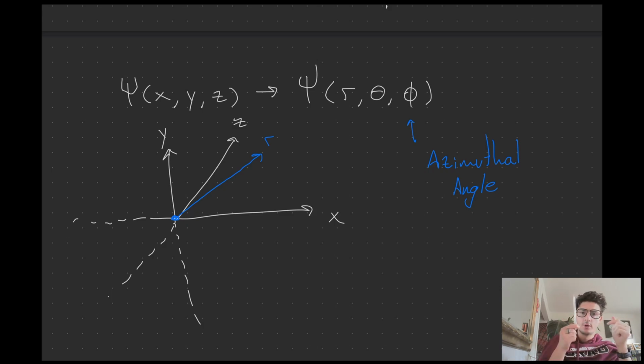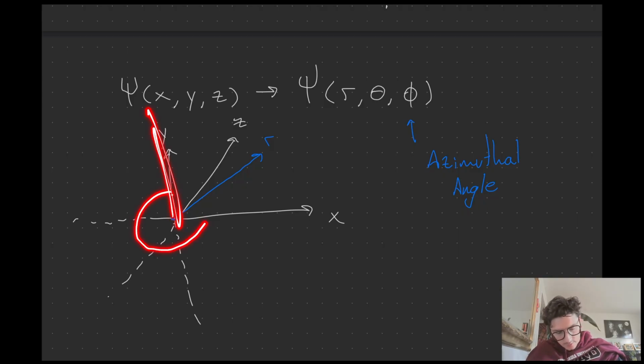So if this is the thing pointing at the zenith, the azimuthal angle is the thing that sweeps across this top vector. Actually, it might be better to put Z in the top here, but it doesn't matter.